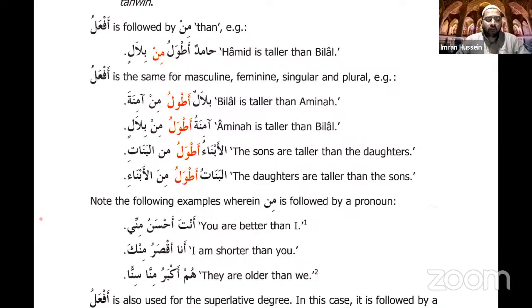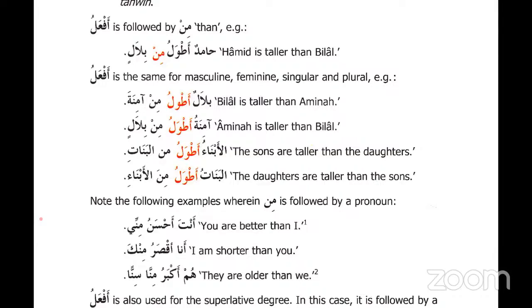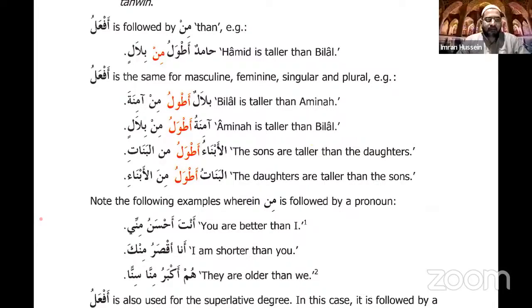Correct. Now, the most important thing from this comparative is that af'alu is a masculine form of the noun. So you will see its use with the masculine, feminine, singular, and plural. Bilal is masculine, Amina is feminine, Al-Abna is plural, Al-Banatu is plural feminine.